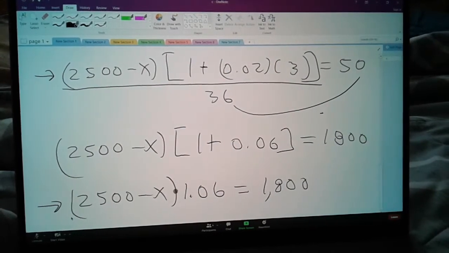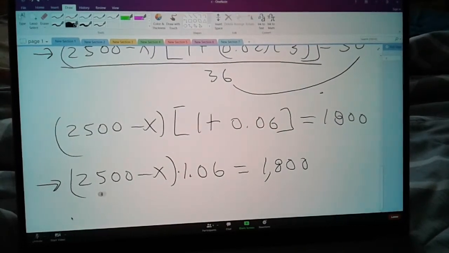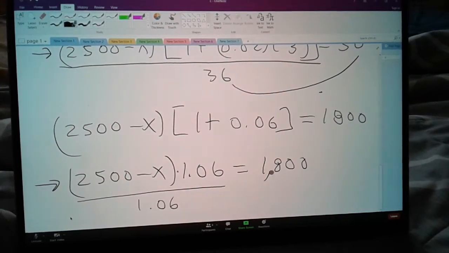So since these are multiplied together, if I add 1 plus 0.06, I get 1.06. So if I divide both sides by 1.06, then it completely goes away.